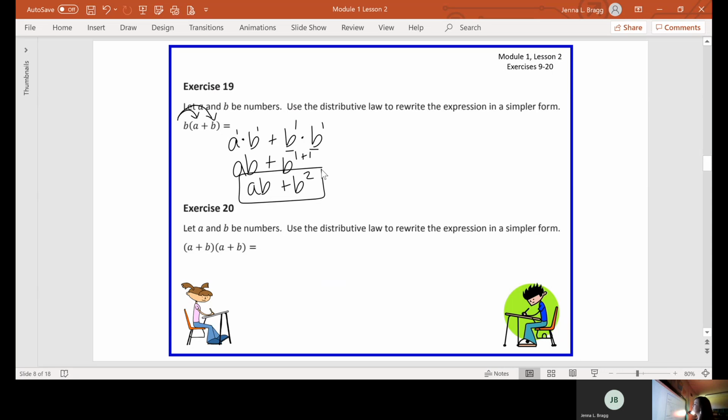Down at the bottom, I have to multiply everything here by everything here.